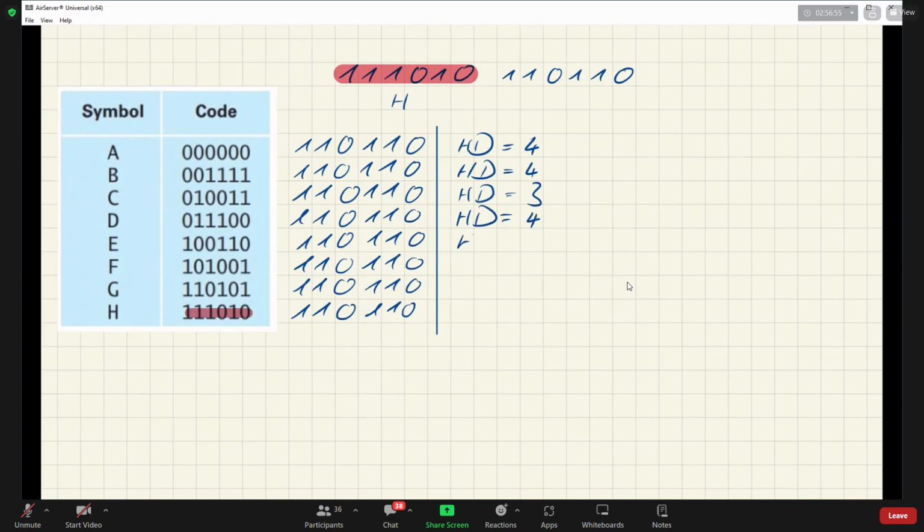With E, it is 1. With F, it is 1, 2, 3, 4, 5. With G, it is 2.